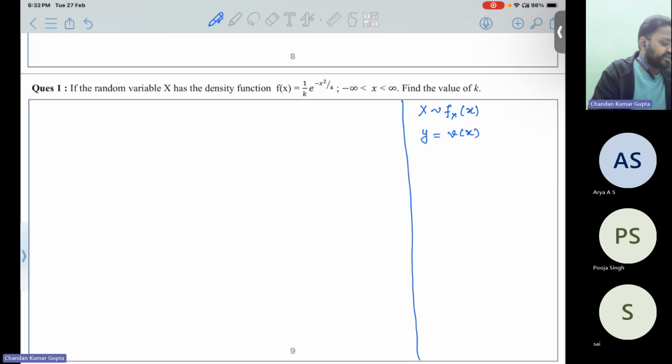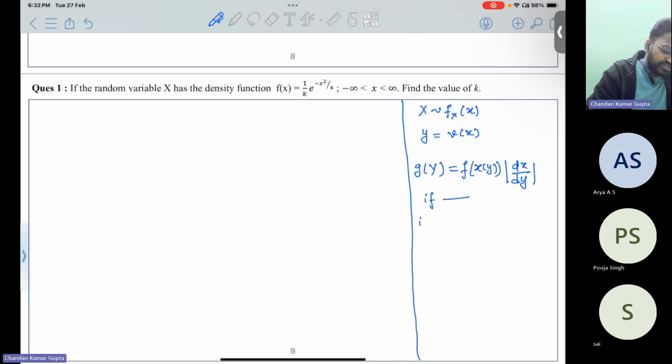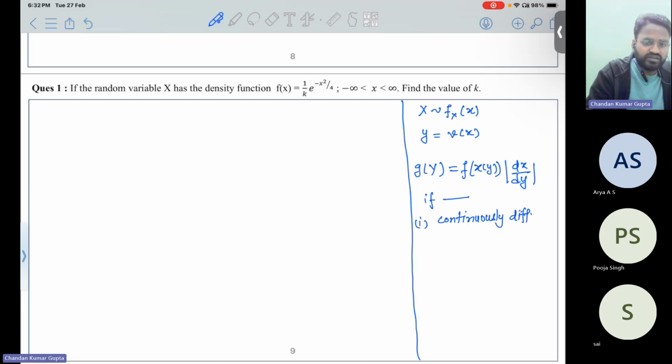So in that case, we can calculate the PDF of y like this, which is equal to f of x(y) times dx upon dy, if two conditions are satisfied by y. First, it is continuously differentiable, which means it can be differentiated and the derivative is continuous.